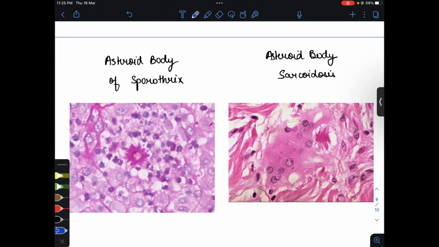Here we have to remember the difference between the asteroid body of Sporothrix and the asteroid body of sarcoidosis.